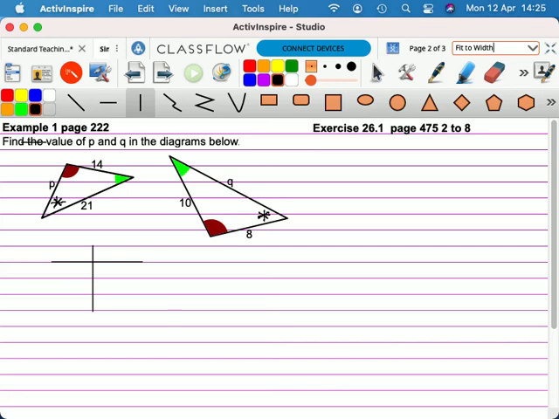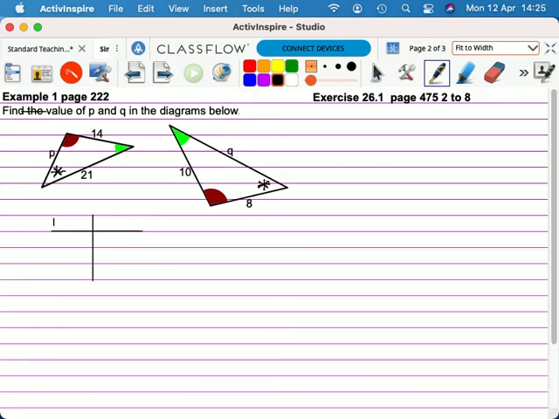I think I'll go with small and large. So the triangle on the left is going to be called small. And the triangle on the right is going to be called large. And I'm just going to pick a length at random on the left-hand side. And for the sake of argument, I'm going to pick P.